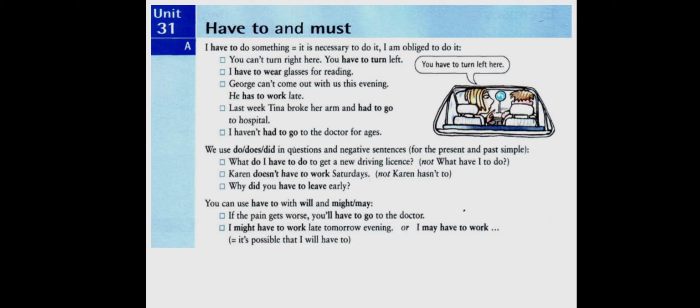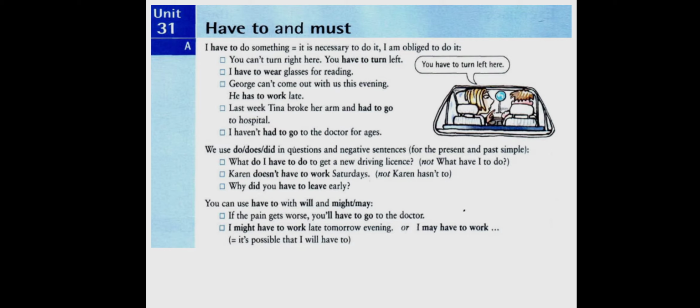So we use do, does, and did. But in the case of must, we don't use does and did. We use must as an auxiliary verb, as a modal verb, so we move it forward in questions, and we put not with must in negative.